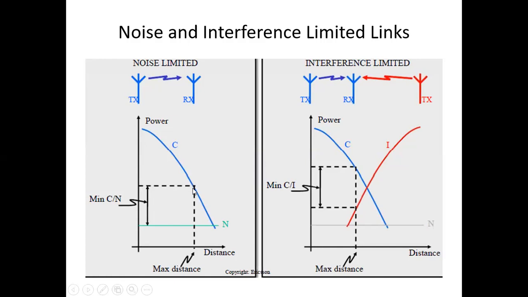How do you set the minimum C by N? Depending on the receiver capabilities to provide some minimum level of BER, which is called the receiver sensitivity. Based on the receiver capability, you set a minimum C by N, and that sets the maximum distance possible for your receiver.